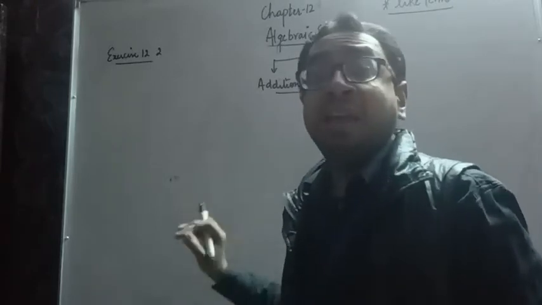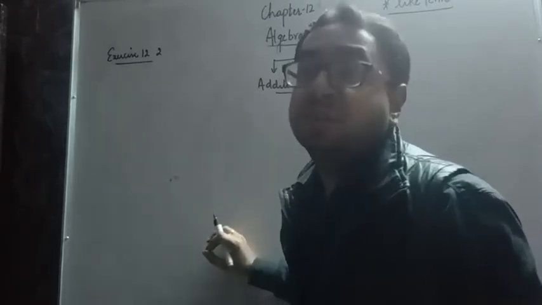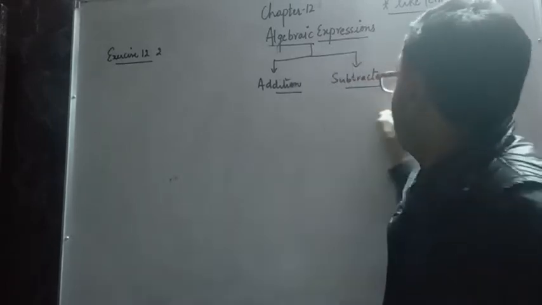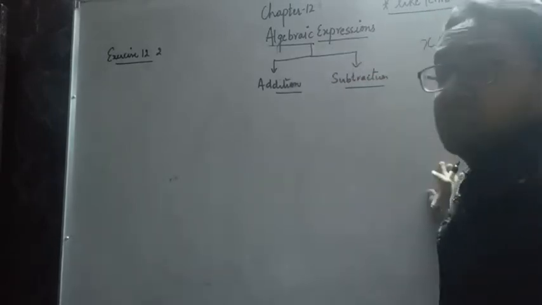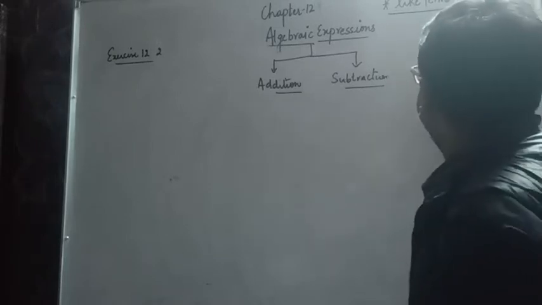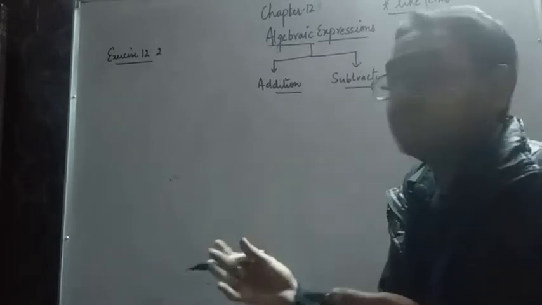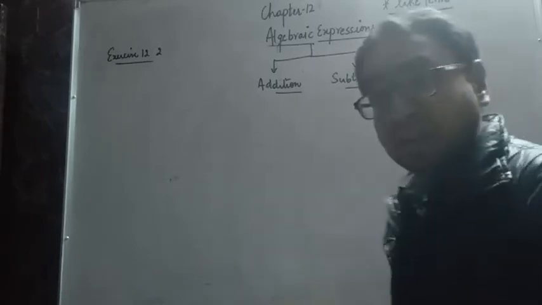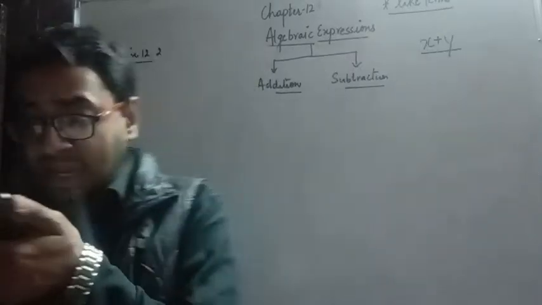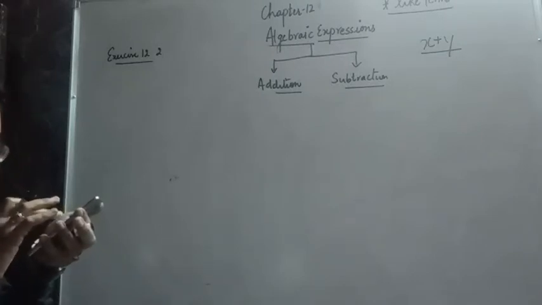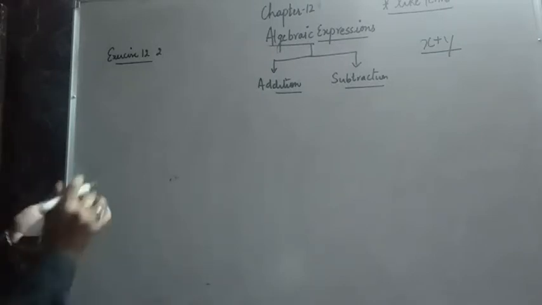If terms are not like, we cannot add or subtract them. For example, x and y, I have to add. They are unlike terms, so I will just write this, and this is what the answer is. I cannot do anything on them. The answer is simply this. Are we clear? Let's do exercise 12.2. Let's move on to exercise 12.2. Question number 1.